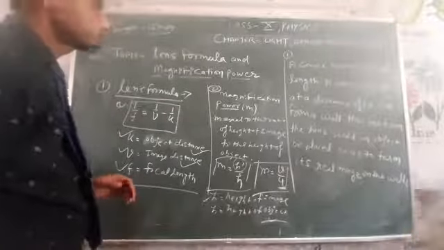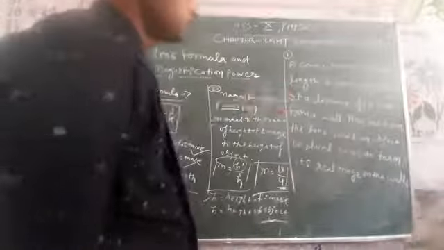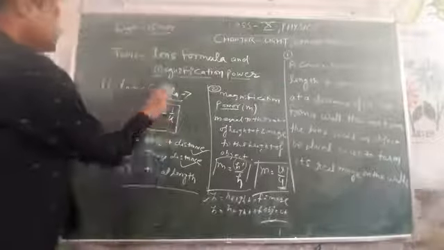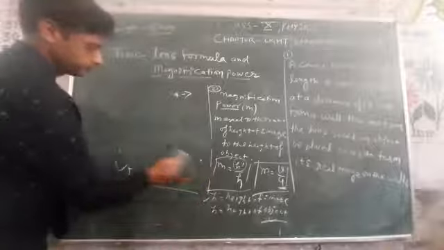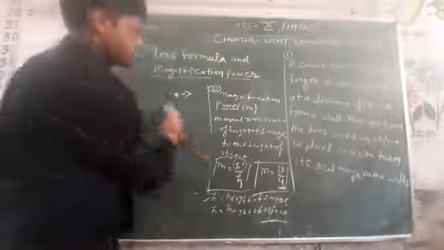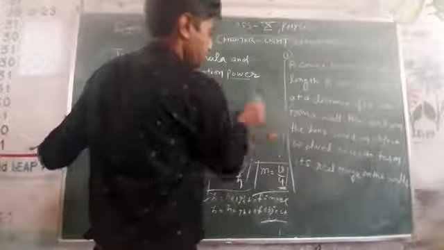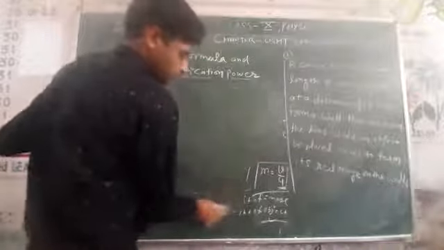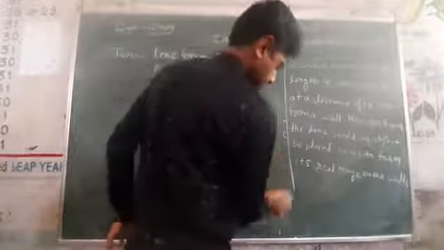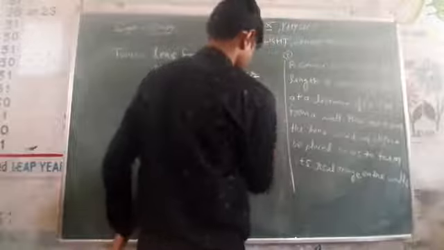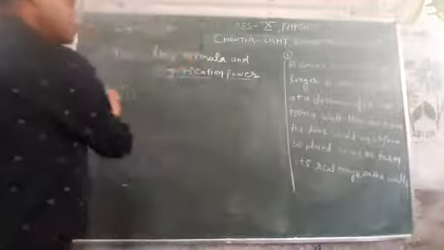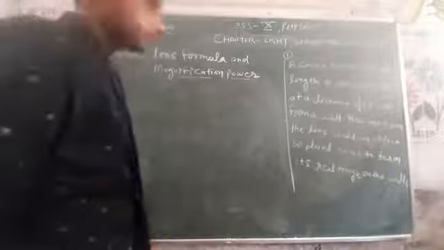Now I am going to solve a numerical. You can see on the board. A convex lens of focal length 10 cm is placed at a distance of 12 cm from a ball.